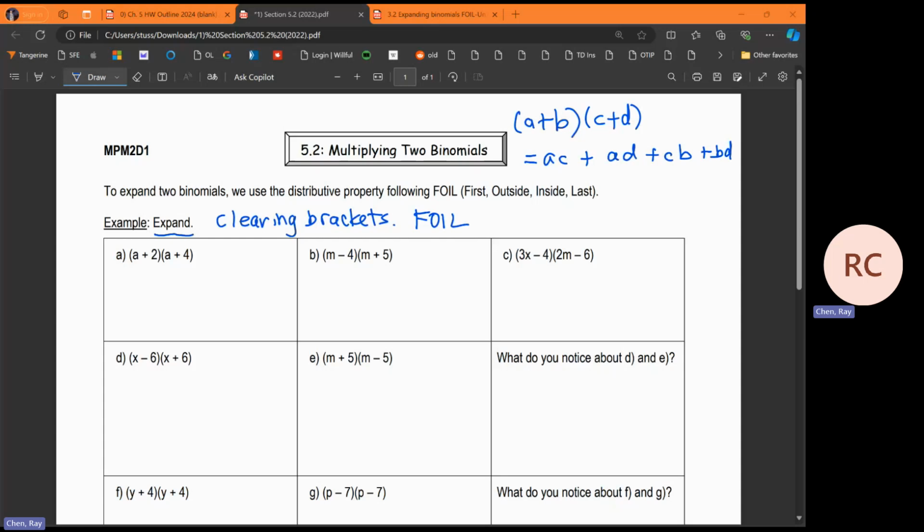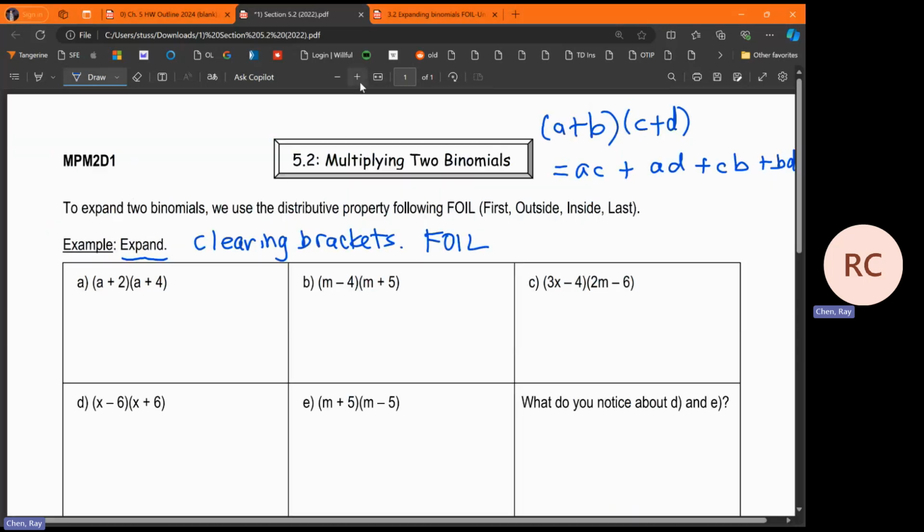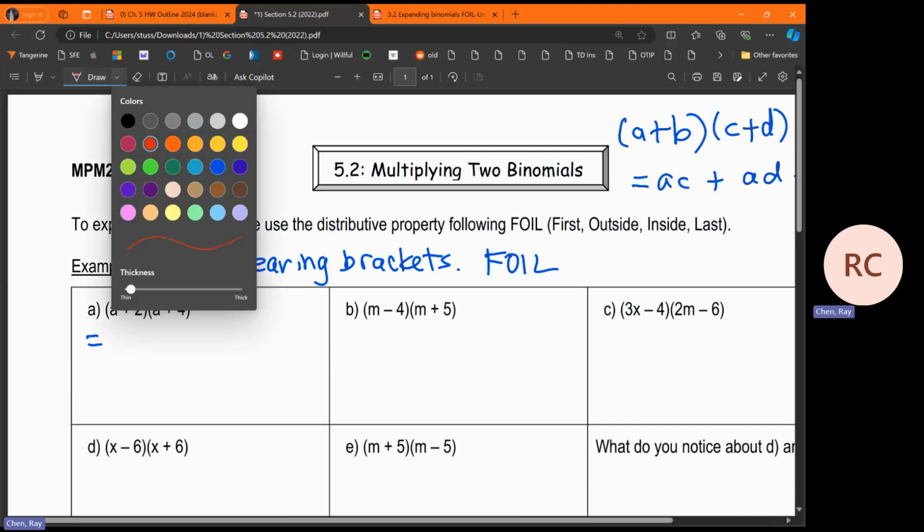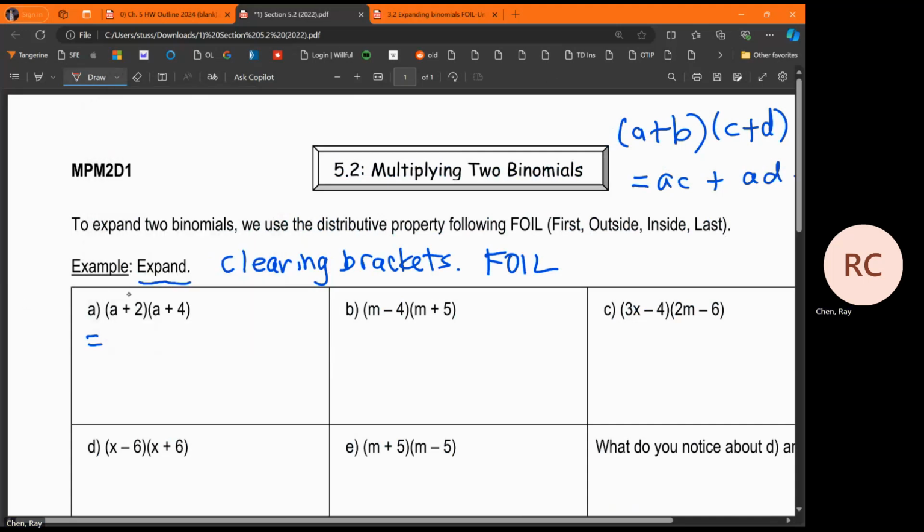Let me zoom in a bit closer to the first example, and let's see if you can follow along. What you're going to be doing is always multiplication. I'm going to emphasize the first one for the F, which is the first term, and I'll show this in red. We multiply the a times the a. a times a is not 2a, but rather a squared.